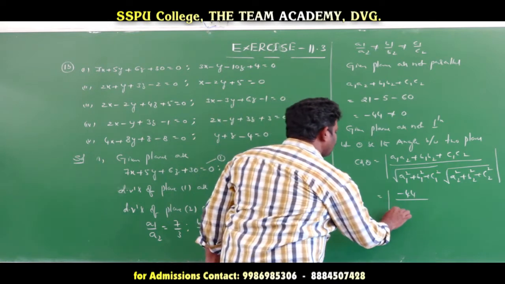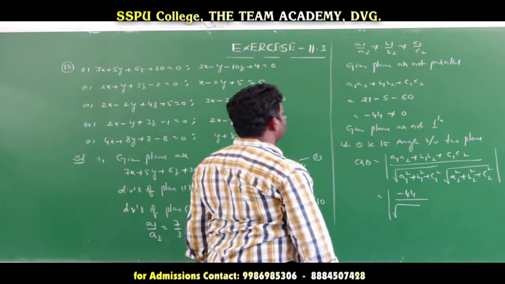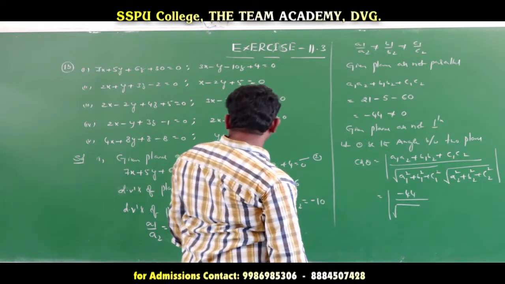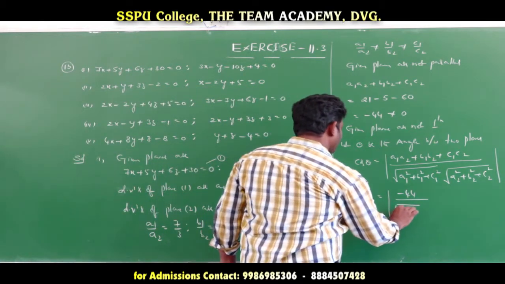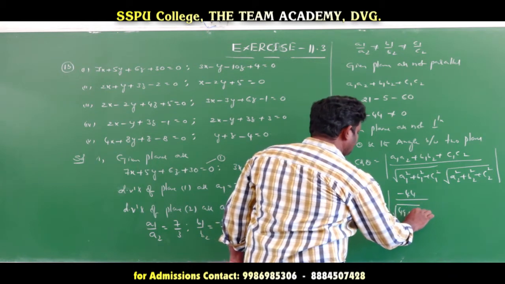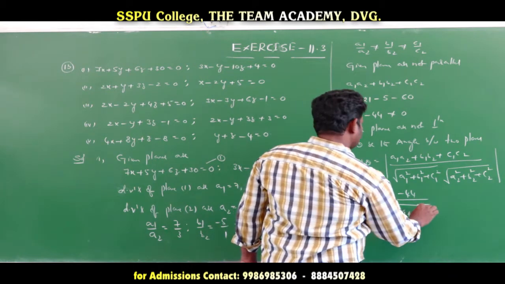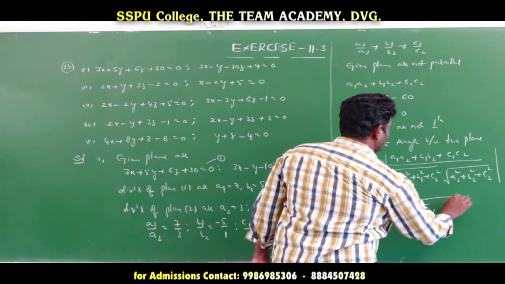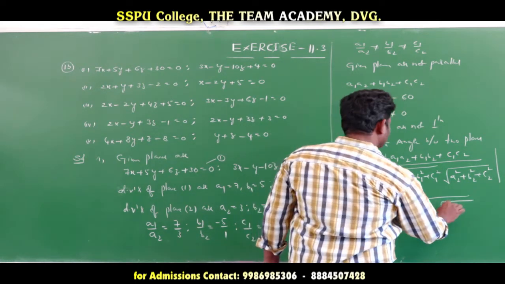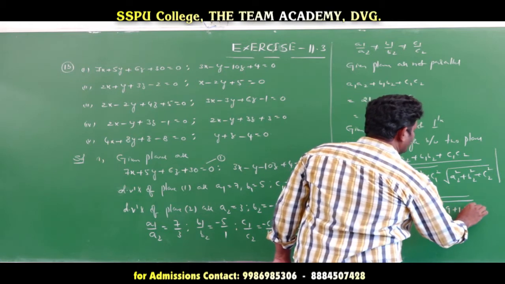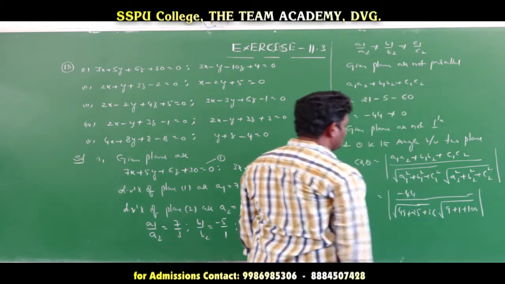Now the square root of these values. A1, B1, C1 means 49 plus 25 plus 36, divided by the square root of A2 values, 9 plus 1 plus 100.